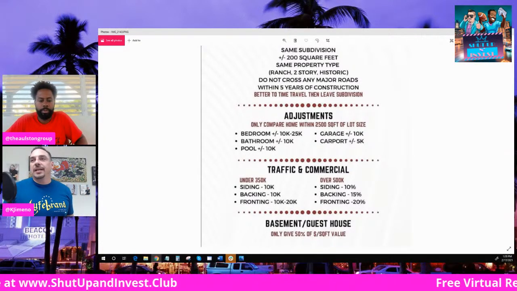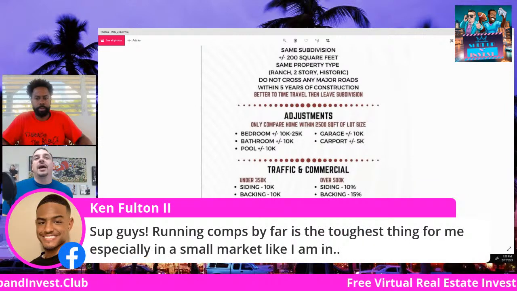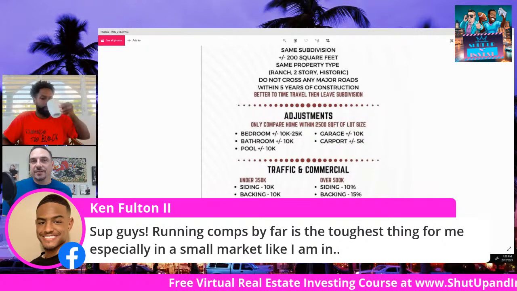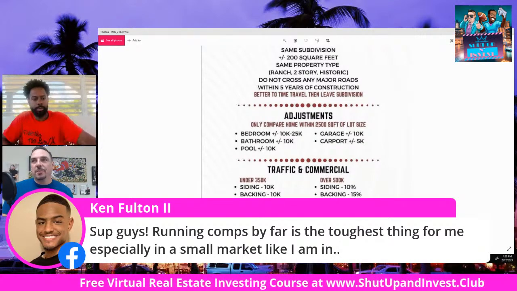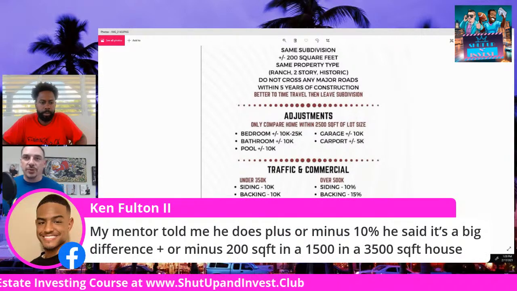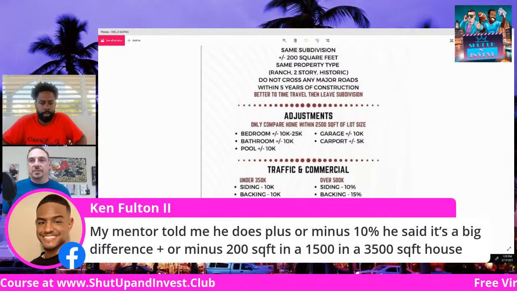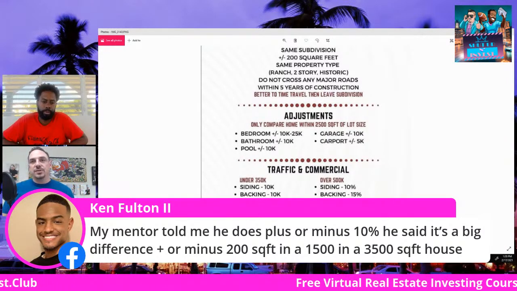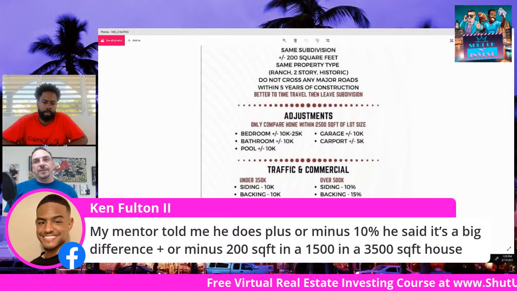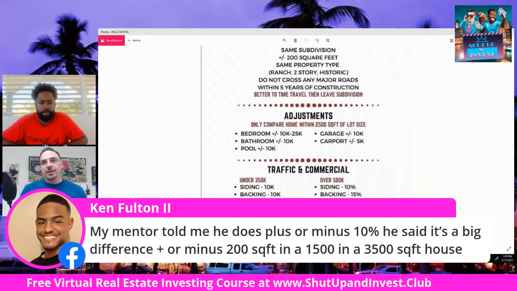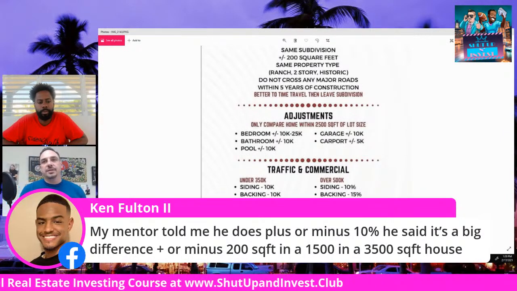Now we got Ken saying that running comps is by far the toughest thing for him, especially in the small market he's in. He's saying his mentor told him to do plus or minus 10%. It's a big difference, plus or minus 200 square feet in a 1500 versus a 3500 square foot house.